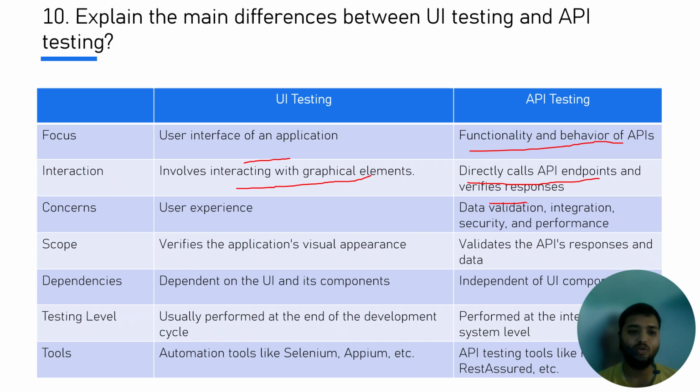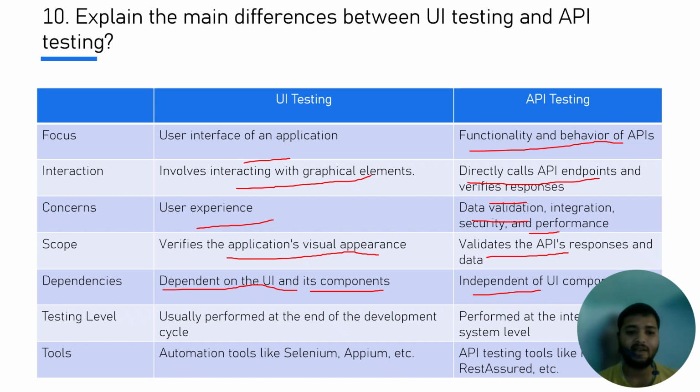UI concerns user experience, and API concerns data validation, integration, and security performance. UI scope verifies the application's visual appearance, and API scope validates the API response and data. UI depends on the UI and its components, and API is independent of UI components.